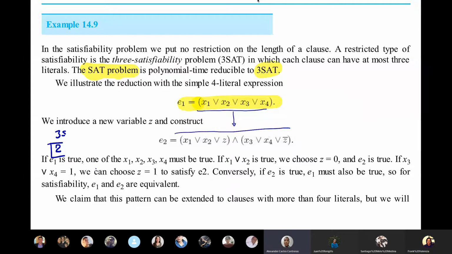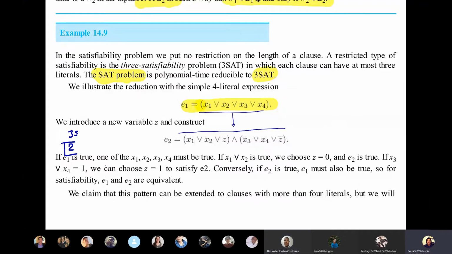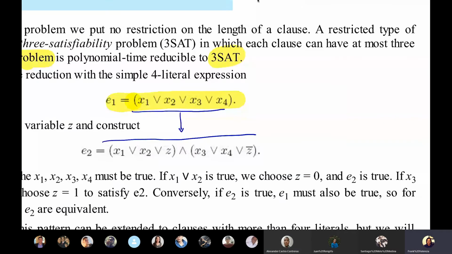Because in both expressions, it's only necessary for one of the literals to be true. I think it's true, but probably you mentioned only one direction. Also, they are equivalent.